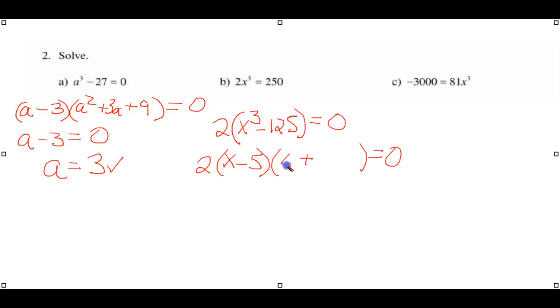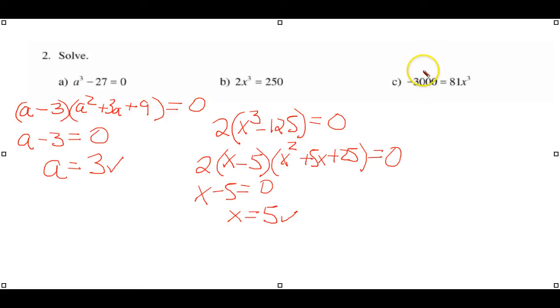And then this is x squared plus 5x plus 25. Now the only part that we can solve is this. x minus 5 equals 0. x equals 5. So if we put a 5 in there, this is going to be 125 minus 125. This is 0. 2 times 0 is 0. So this is an answer.